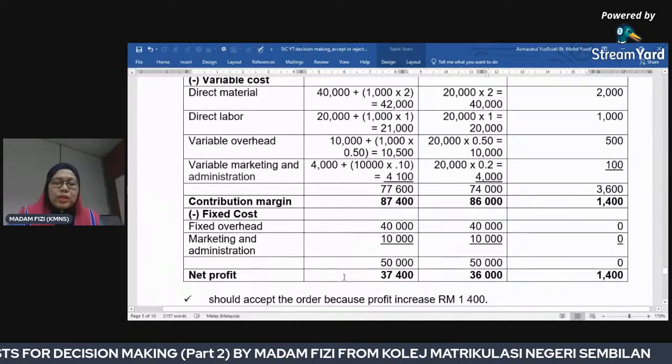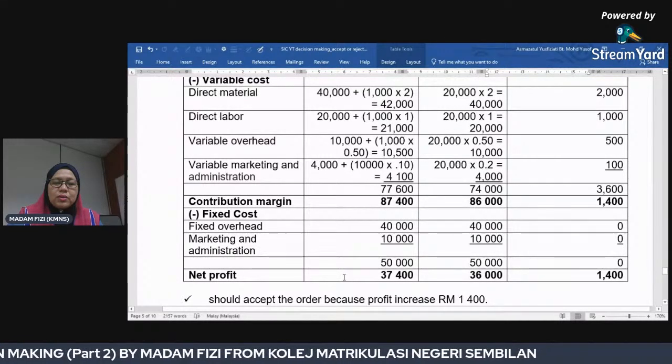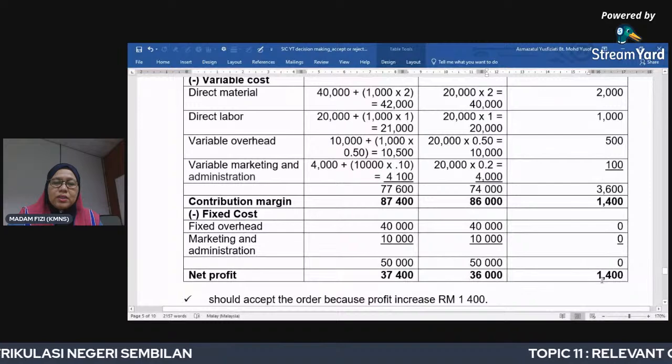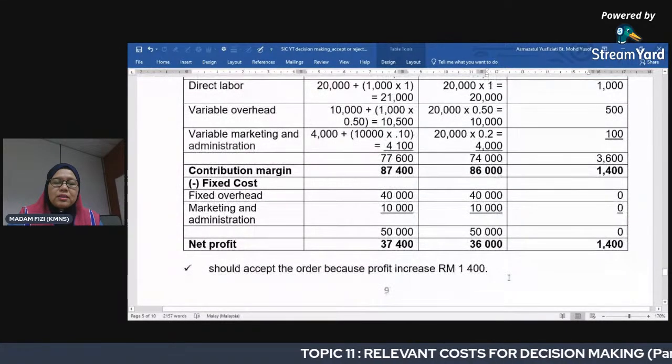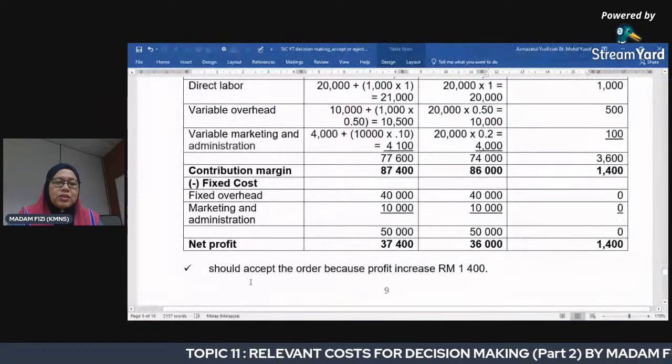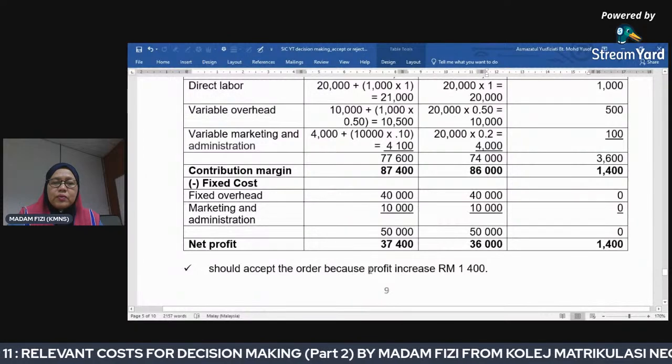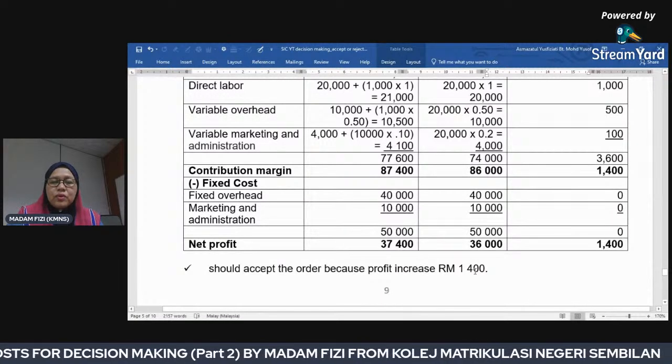So the net profit for accept is 37,400 and for reject is 36,000. The difference is still the same, that is 1,400. So what is the answer? The company should accept the special order, because the profit increases by 1,400.